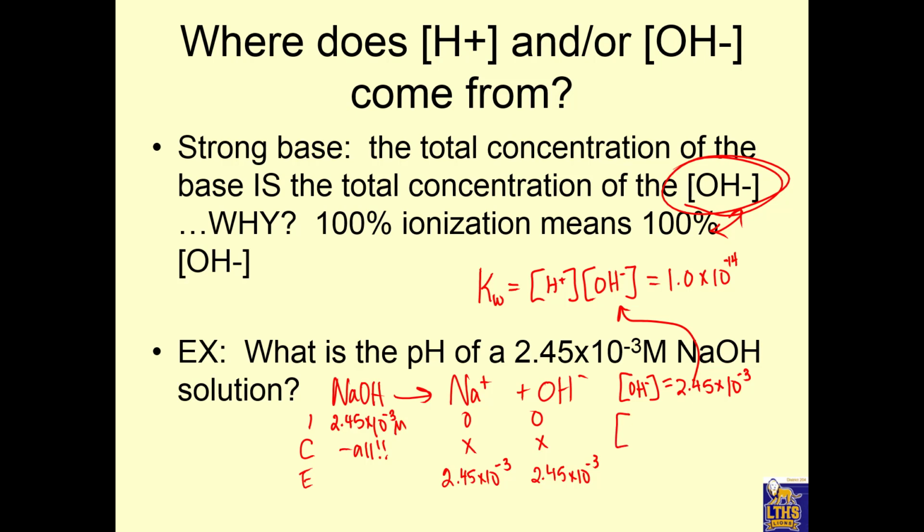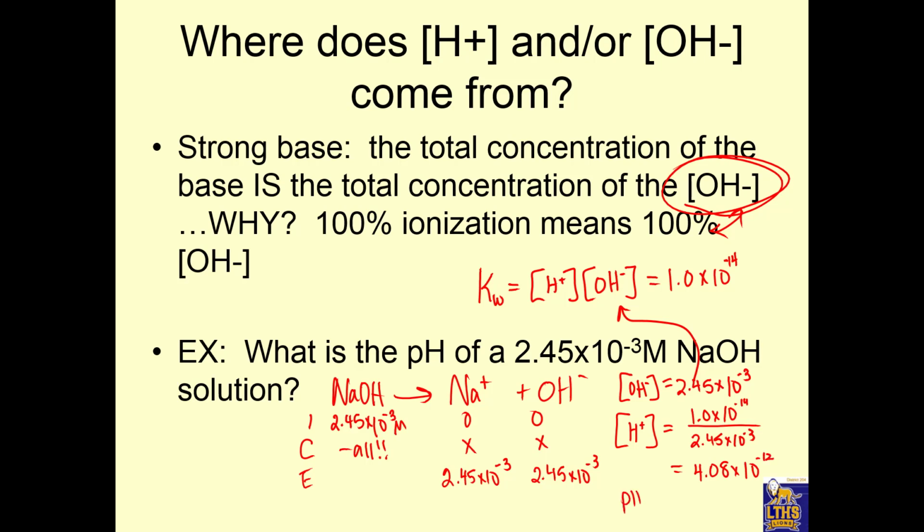So we find out that the H+ concentration is 1.0 times 10 to the negative 14 divided by 2.45 times 10 to the negative third. So the H+ concentration is 4.08 times 10 to the negative 12.